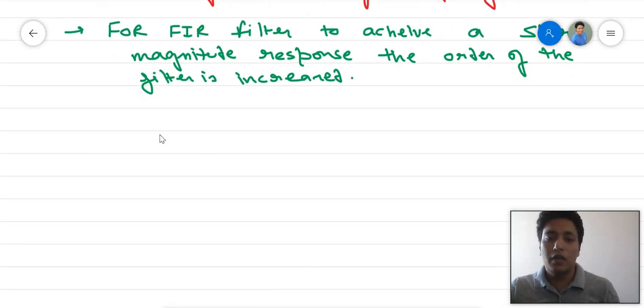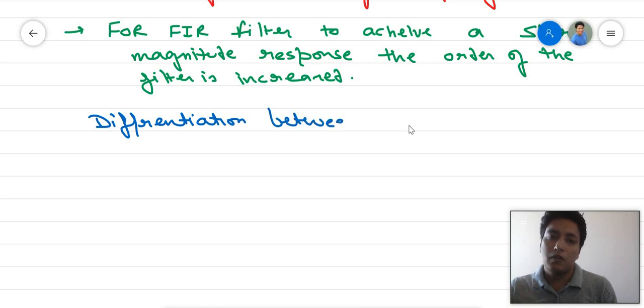Now we will just quickly do the differentiation between IIR and FIR filters.